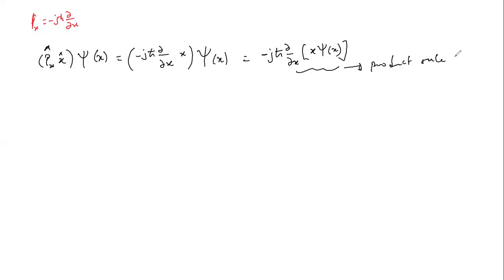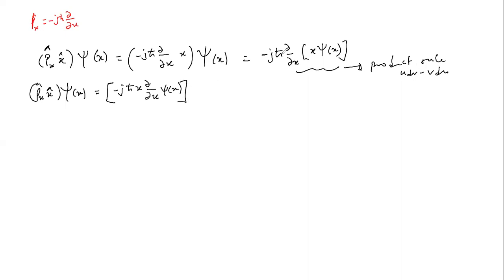Product rule, where we say something like u dv plus v du, because we have x, the position, and the state function are functions of x. So then we could differentiate. And when we do that, we now have that this operator, the product operator operating on the state function, is the same as negative j h cross x d dx psi of x.